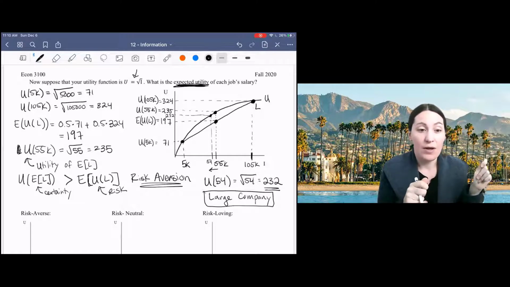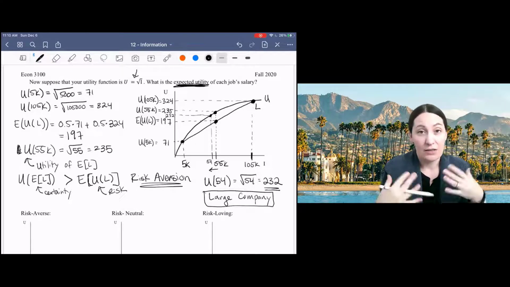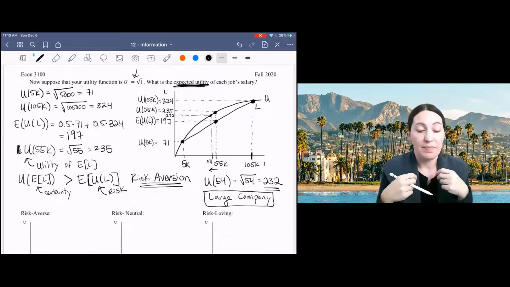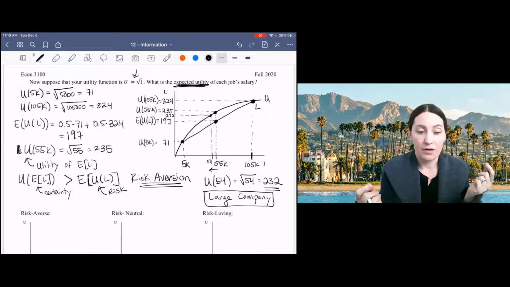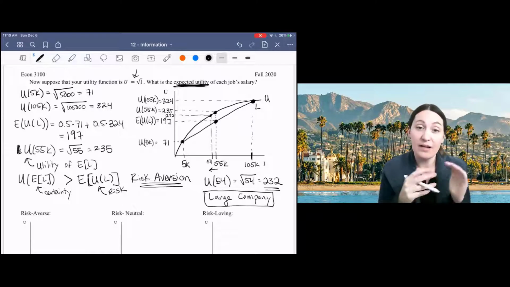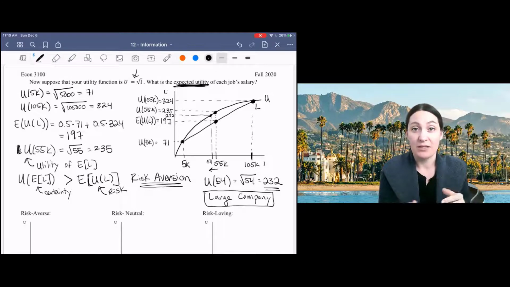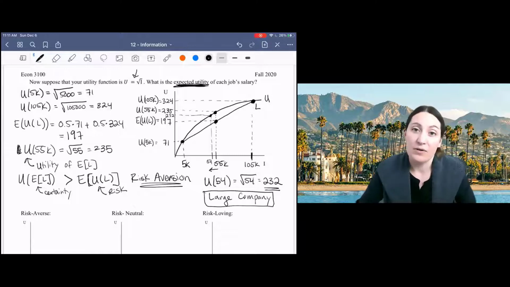That's why we get a lower expected utility with this utility function than we do with just looking at expected values or with a different utility function. So we'll go through some other utility functions now that show some different risk preferences to see what they look like, but it's important to note how the assumptions about utility affect the value of risk and decision-making in the context of risk.